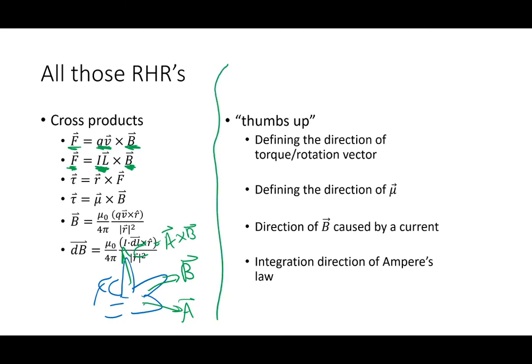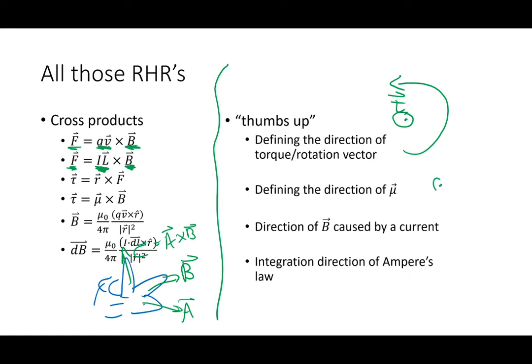Then I have a whole variety of right-hand rules that relate something that goes in a circle and something that goes in a straight line. For instance, if I have a torque vector that points out of the page, I know it's going to cause a rotation in the counterclockwise direction, like that.